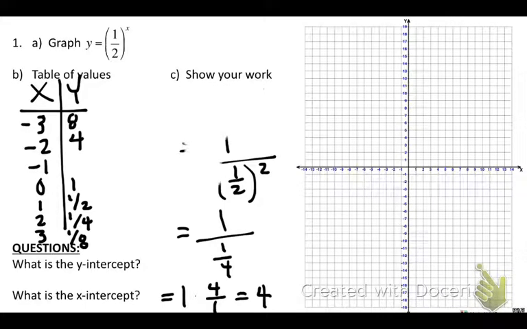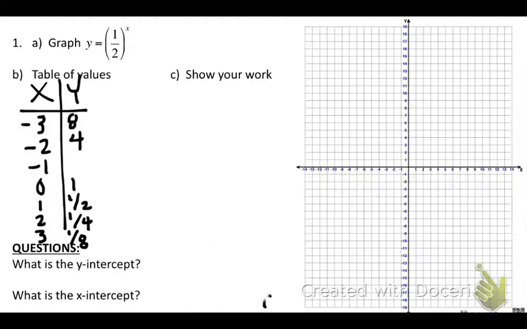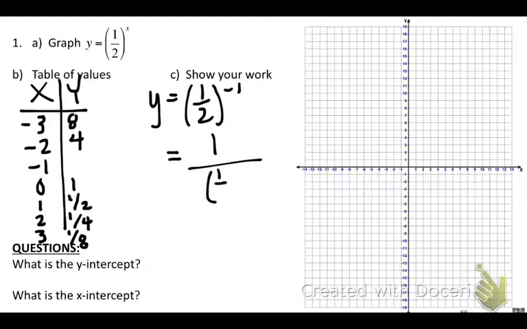We've got one more value to find. Take a moment and see if you can guess what the missing value is. Anyone have an idea? All right, so I'm going to rewrite that negative 1 as a positive in the denominator. And anything to the 1 power is itself, so I have 1 over 1/2.